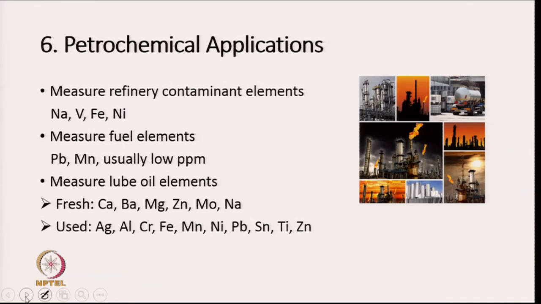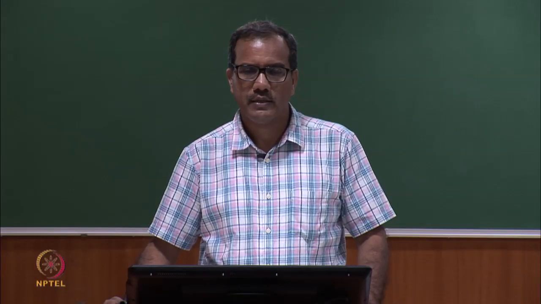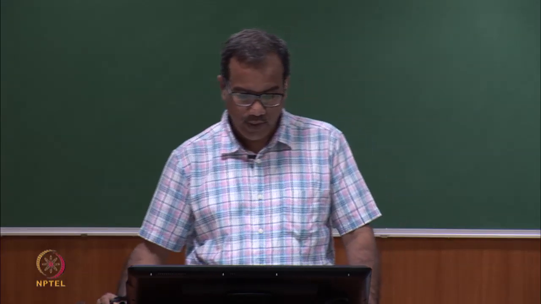And in used lube oil, the analysis of silver, aluminum, chromium, iron, manganese, nickel, lead, Sn, titanium, zinc is done. That tells you about the quality or the degradation of lube oil.